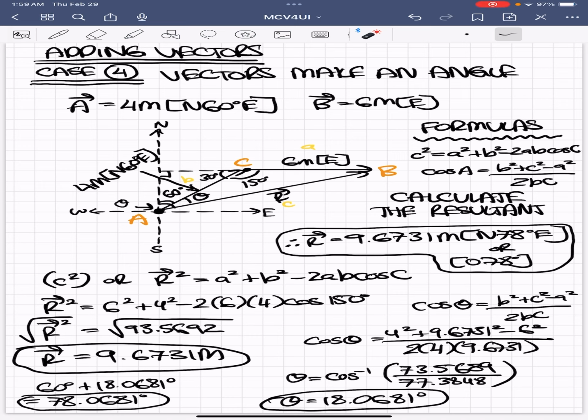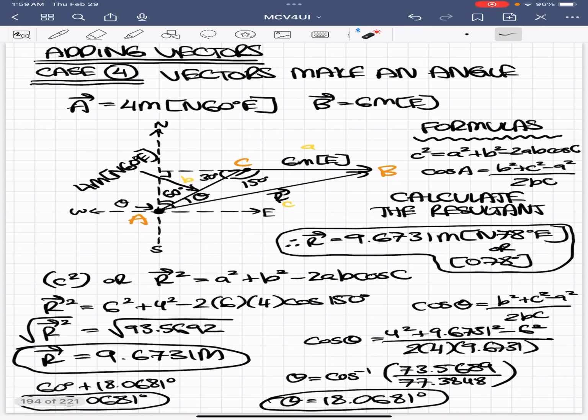Okay, so we had this angle, we have this angle, we have this angle, and then we have 180 minus 30 degrees equals 150. And that's how we got this angle right here. We got 150.